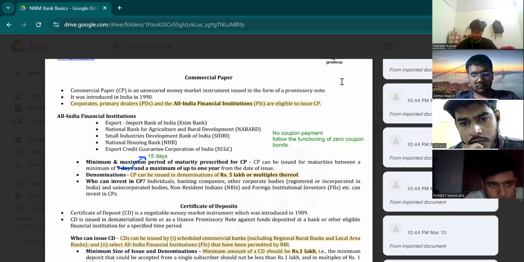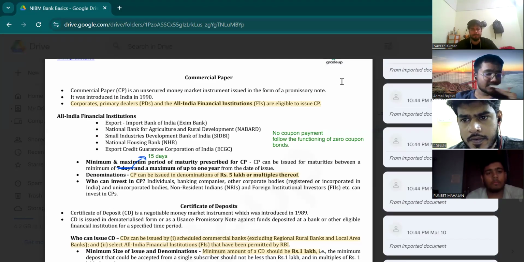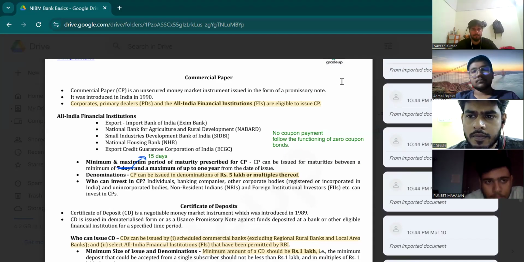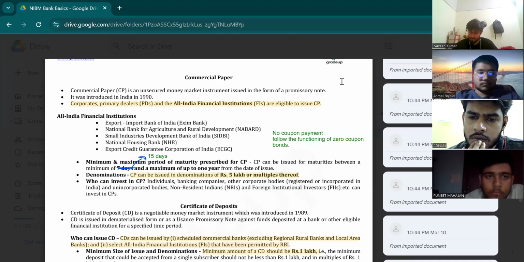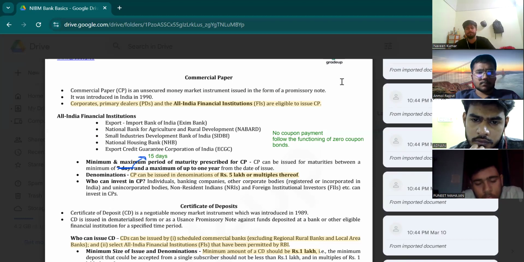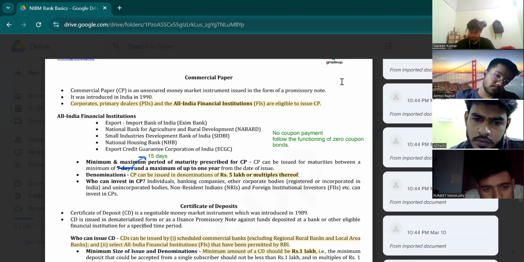If you go to Zerodha Coin and search any mutual fund, you will see some percentage has been allocated to commercial papers. This is also a zero coupon bond. It can be issued in multiples of 5 lakhs, for up to 1 year, because this is the money market. The minimum is 15 days.